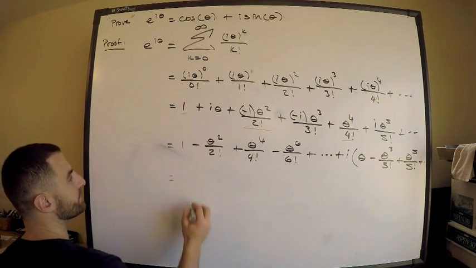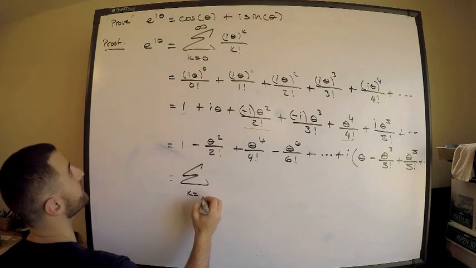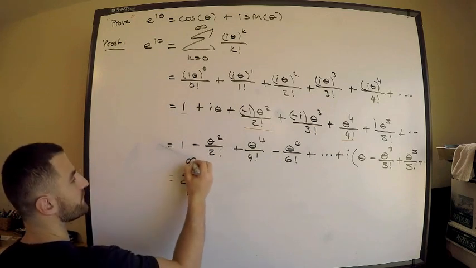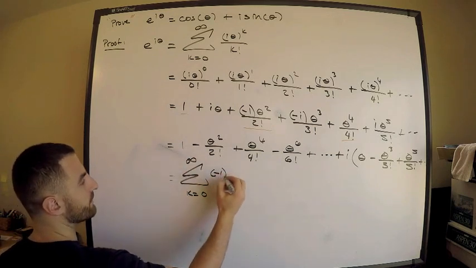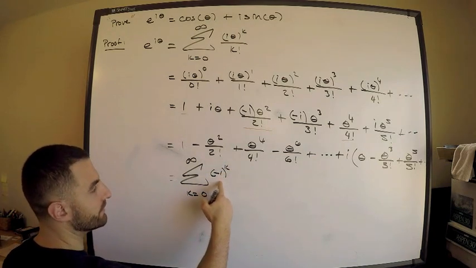This is absolutely the power series, k equals 0 to infinity of (-1) to the k. Okay, it's alternating, so I need that factor of (-1) there.